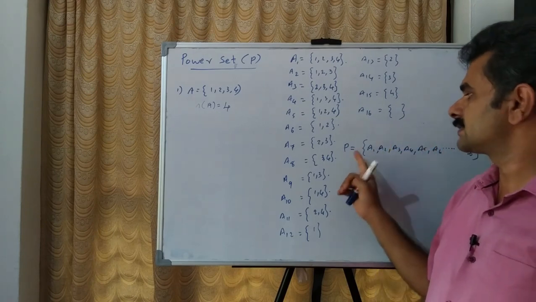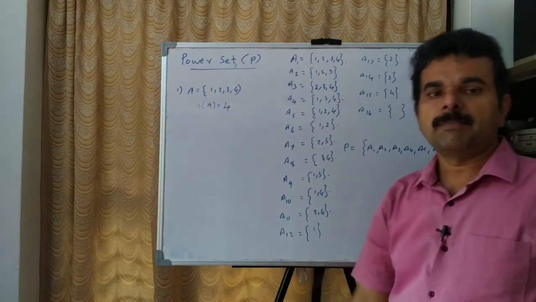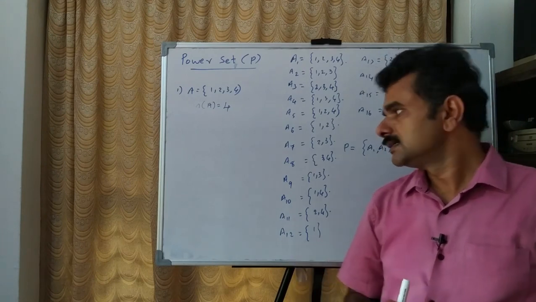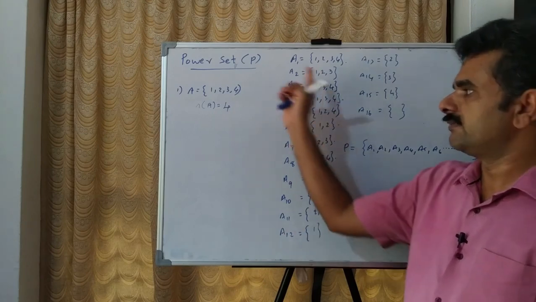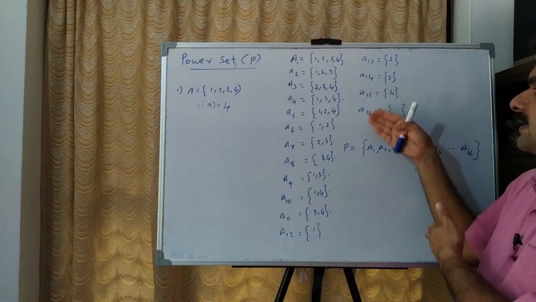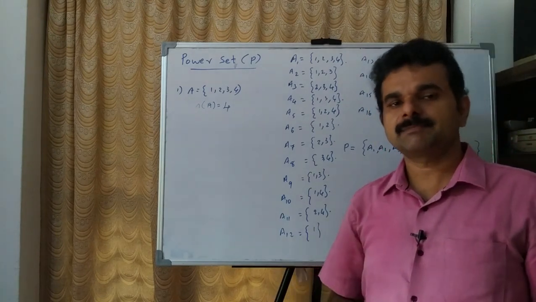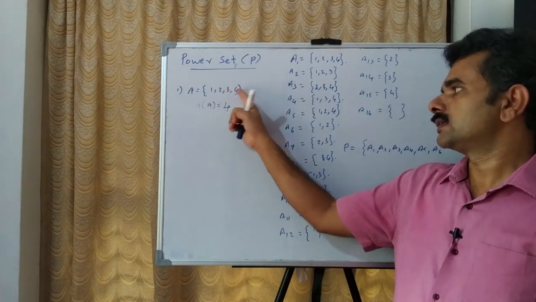Then this big set is called what? Power set. So the power set has different properties, and now I got 16 subsets. Then we can change the number of elements and observe the pattern of the number of elements in a power set. Here A is equal to {1, 2, 3, 4}.